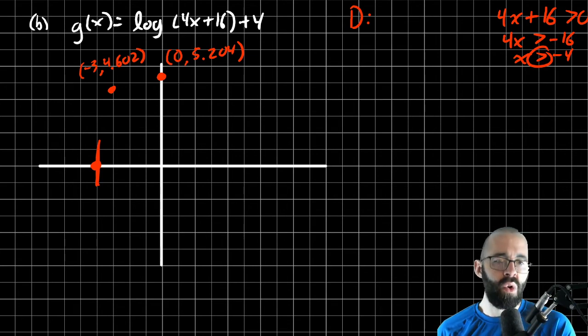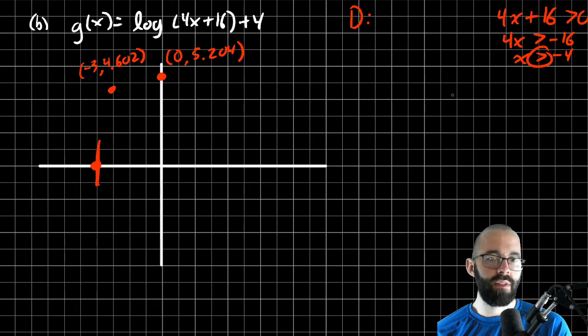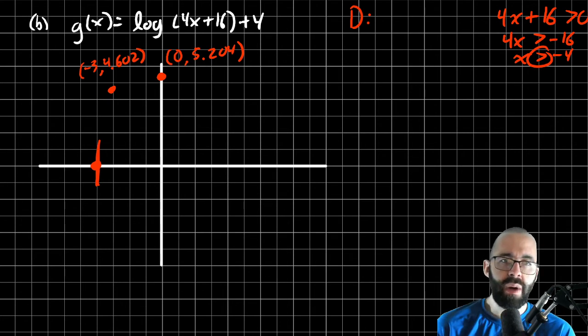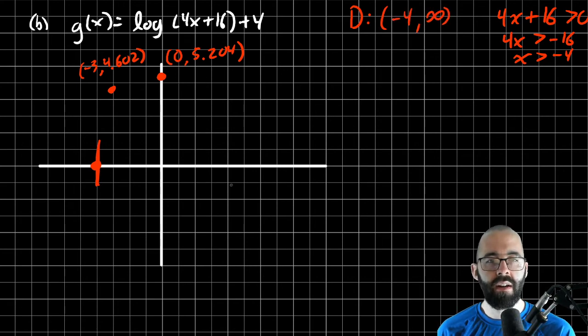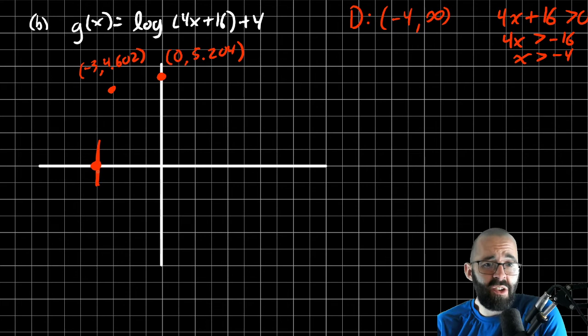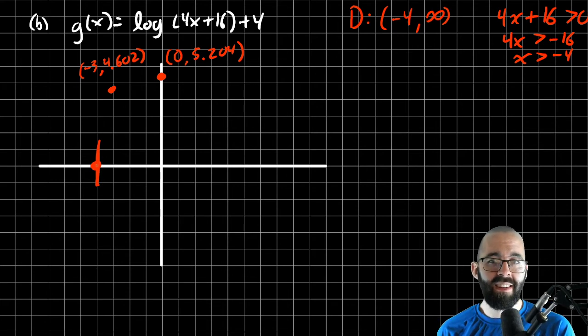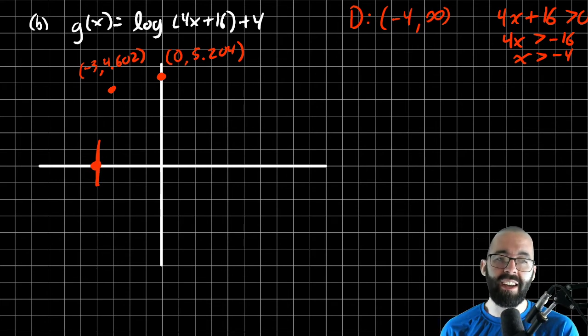It's only when we multiply or divide by a negative. The negative being elsewhere doesn't matter. So our domain is -4 to positive infinity. Ah, so that's why the intercept can't be at -4. -4 is not in the domain. It's going to be really close to -4, though.